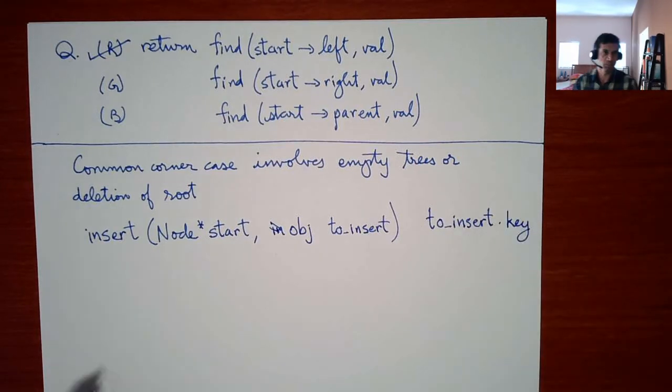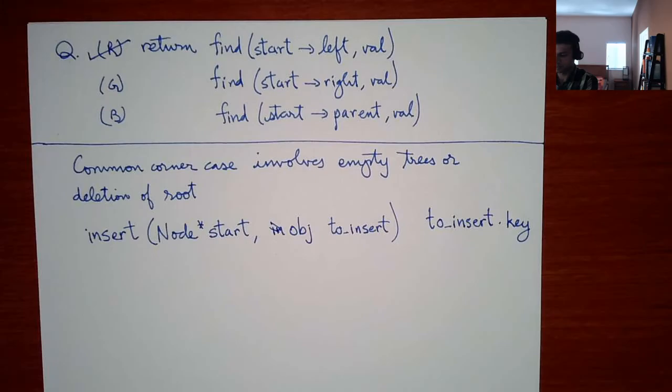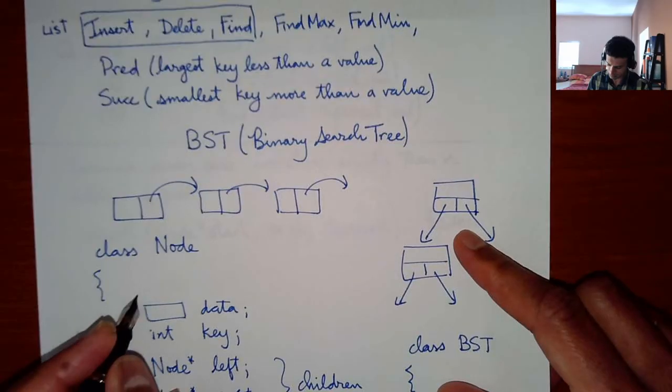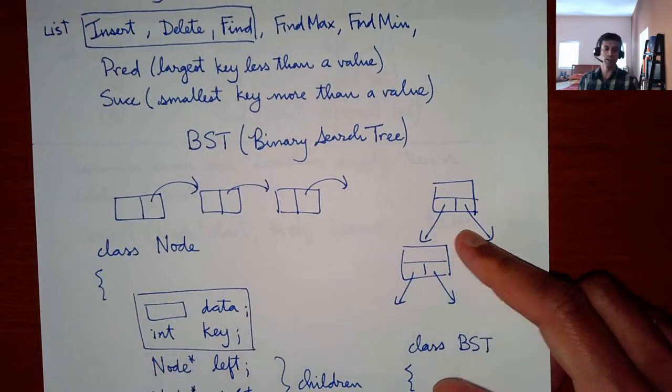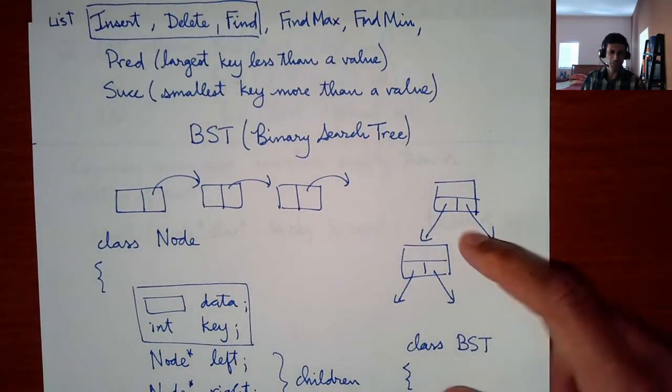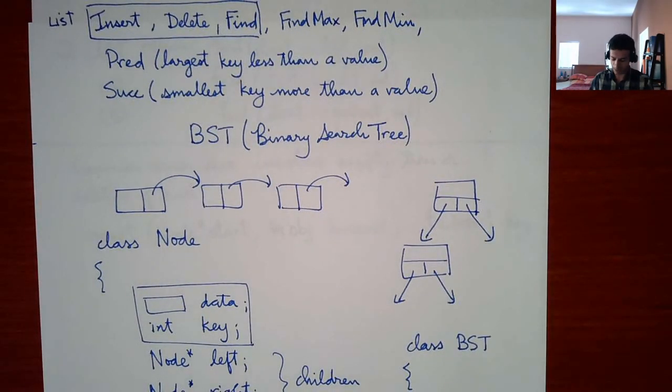This has some key value that we're inserting. It's convenient for me to think of this entire thing as the object, because I don't want to carry all the separate arguments around.